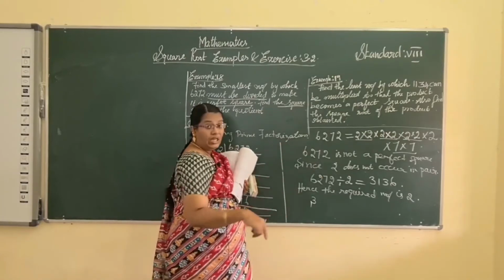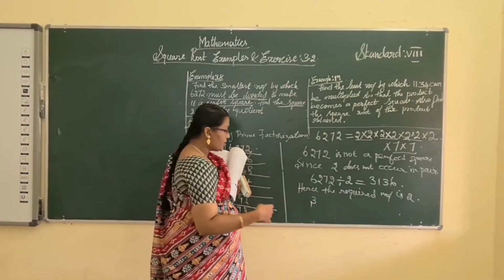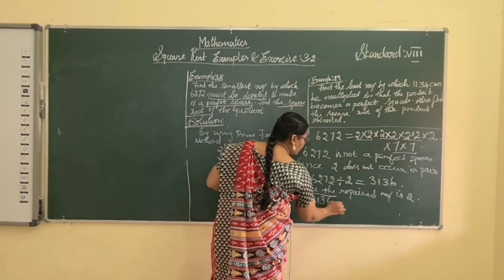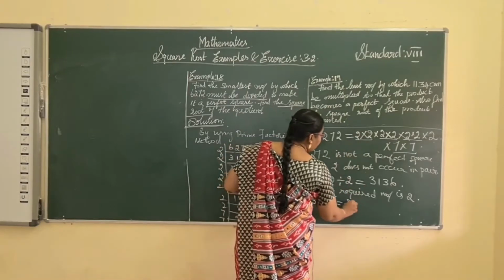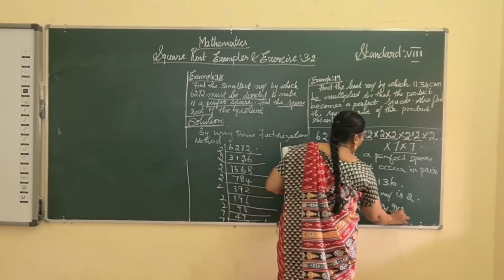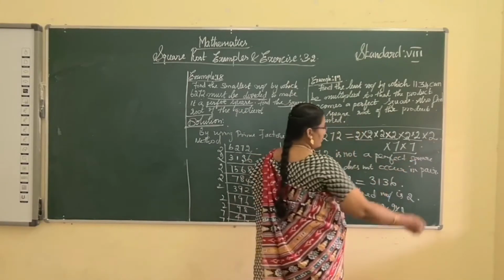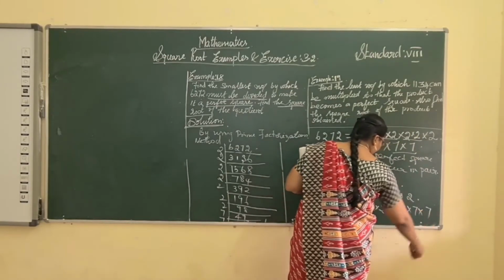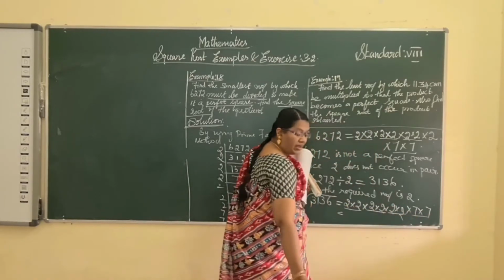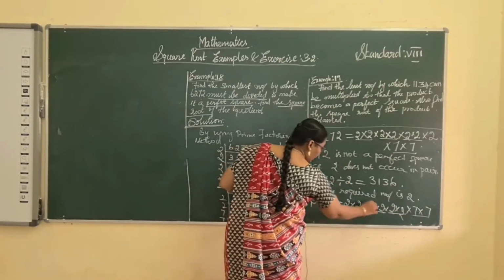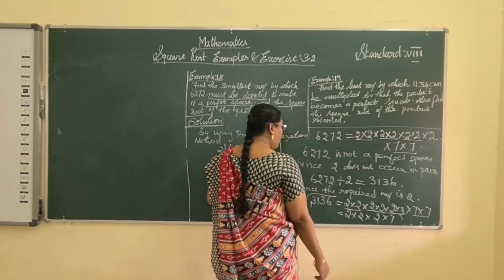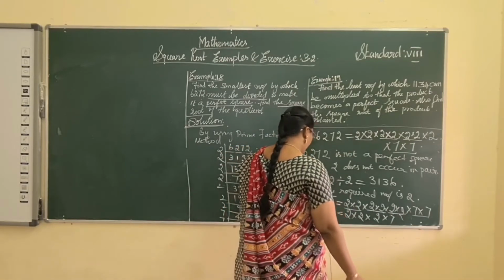So we find the square root of 3136, which is 2 into 2, 2 into 2 into 2 into 2 and 7 into 7. Already one 2 was divided out, so it is cancelled. Now we take the square root: 2 times 2 is 4, 4 times 2 is 8, 8 times 7 is 56.